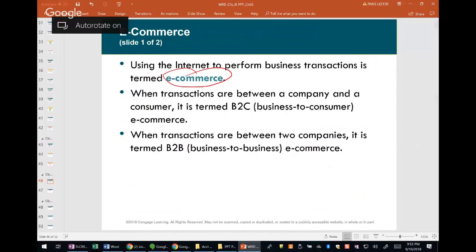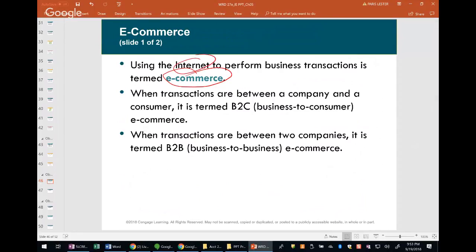All right, anytime you use the internet to buy or sell, that's e-commerce. Does anybody sell on the internet? I thought we had one guy in here, I don't see him, who had some kind of clothing business that he sold on the internet.